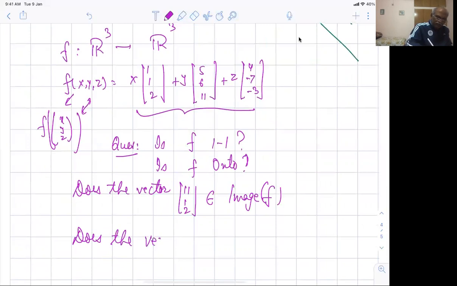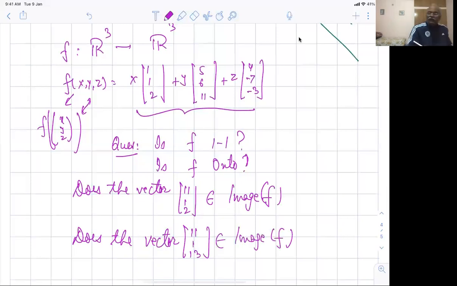I can ask another question: does the vector (11, 1, 13) belong to the image of f? So I can ask such questions. What is the image? The domain is known, the codomain is known. What is the range of the function? The range of f is the same as the image of f.